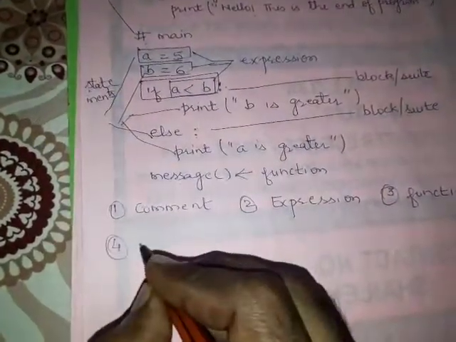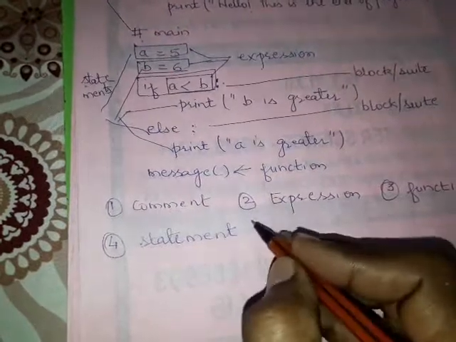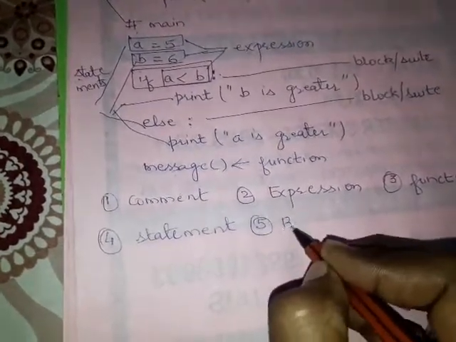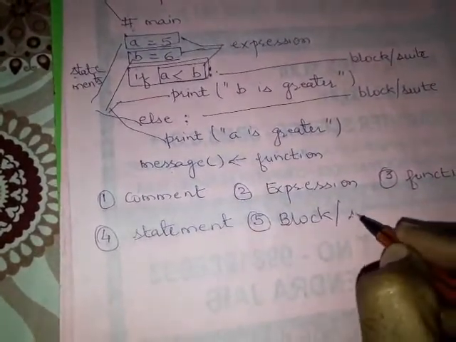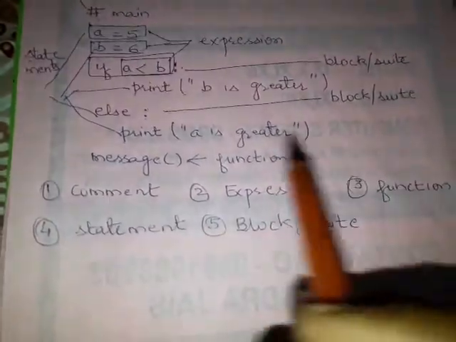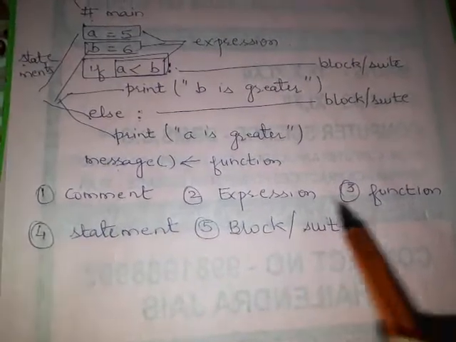Fourth one is called statement. Fifth one is called block, or we can say suite. So these are the basic building blocks of our Python program. We have to know what these are.